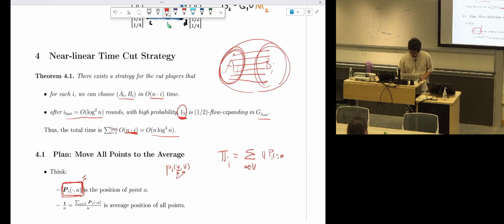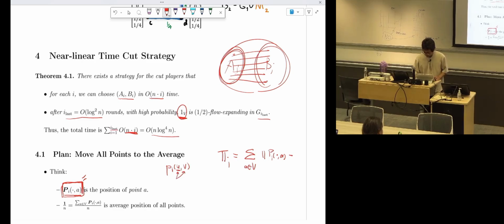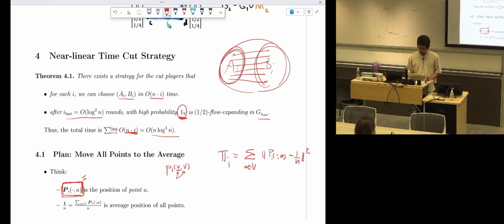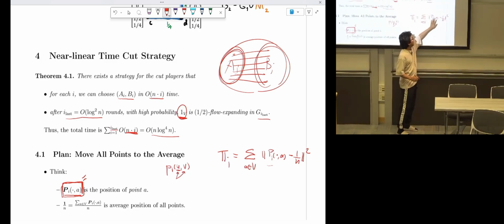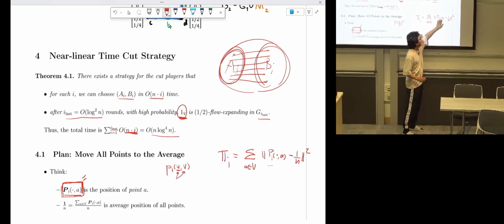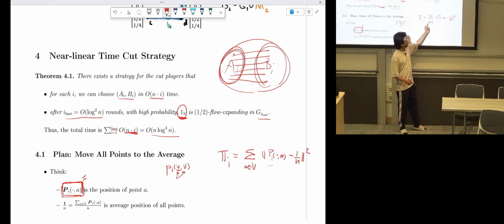The position, sorry, again? Minus the average. Minus the average, exactly. Squared, yeah. So you measure how much the point is further away from the average, and this is squared and summed over all nodes.